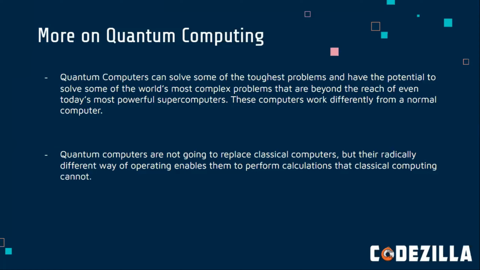These computers work differently from a normal computer. However, it is important to note that quantum computers are not going to replace classical computers. Their radically different way of operating enables them to perform calculations that classical computing cannot. So let's see how quantum computers differ from classical computers and how they work.